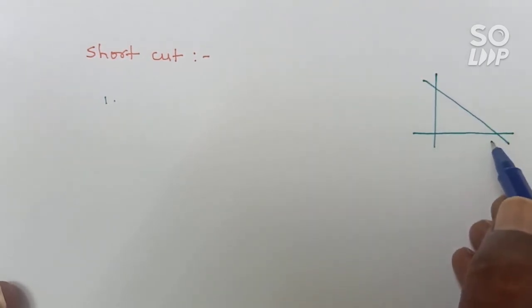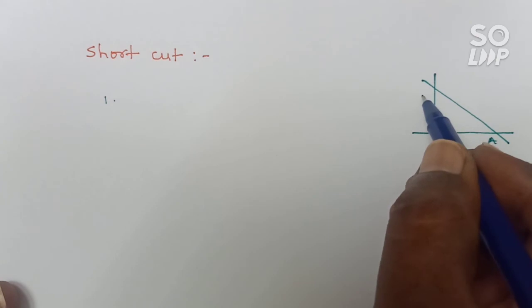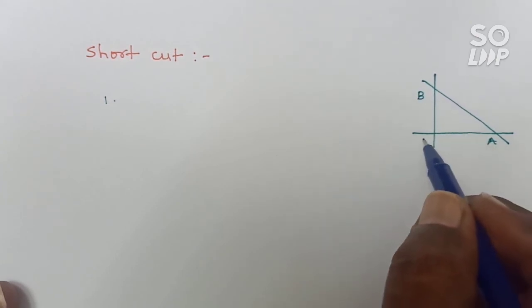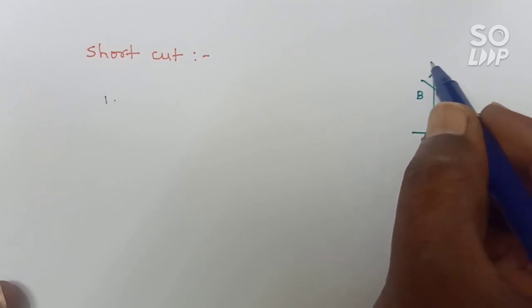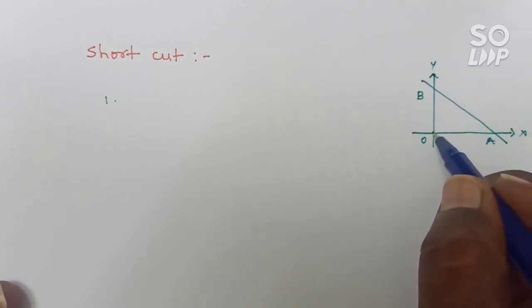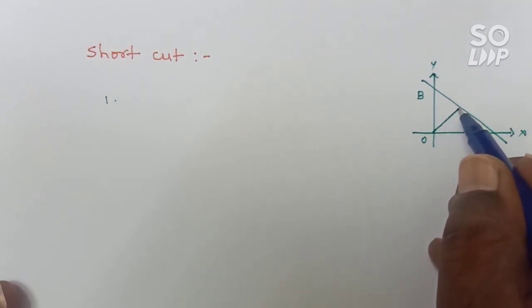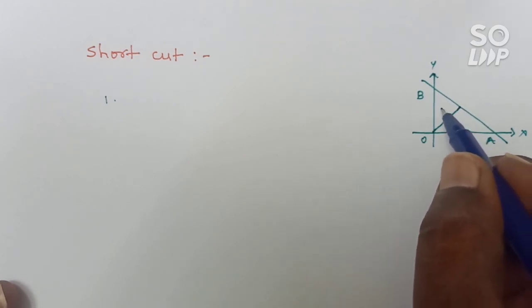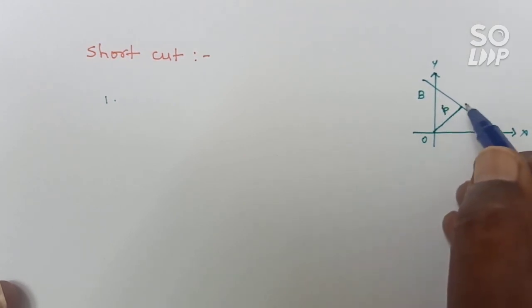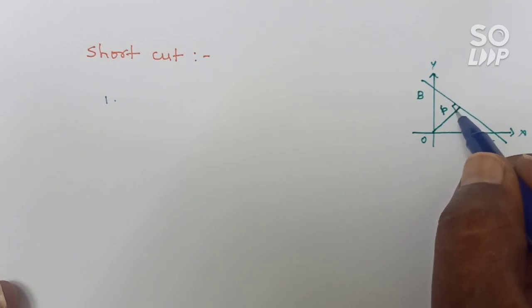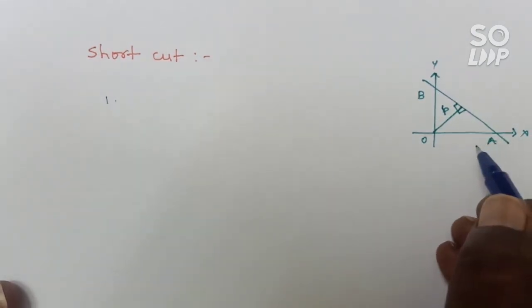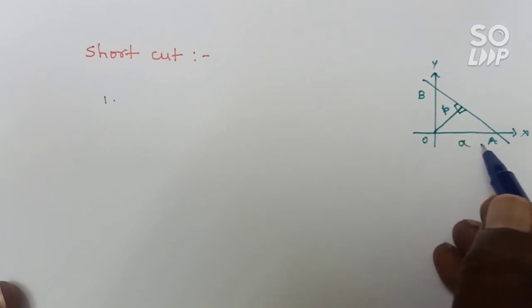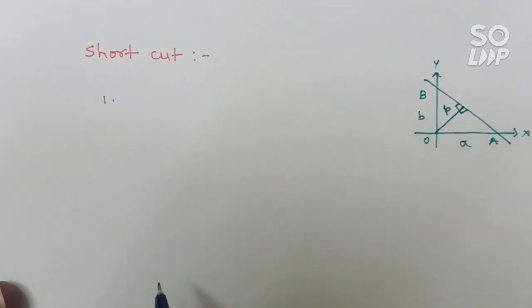You know what the intercept form is: x by a plus y by b equals 1, right? If the perpendicular from the origin to this line is small p, then what is the relation between the intercepts and the p value?